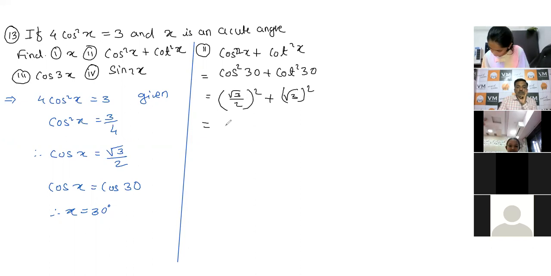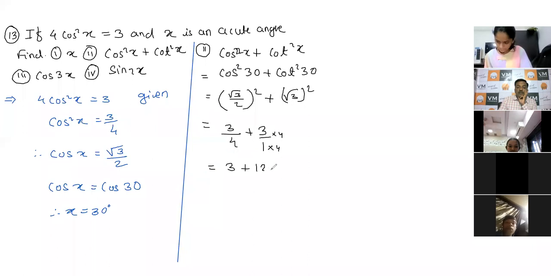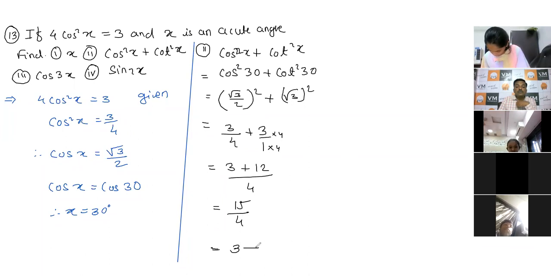So root 3 by 2 squared is 3 by 4 and this is 3. We have to do the LCM, multiplying 3 by 4. 3 plus 12 upon 4 becomes 15 divided by 4. Or you can convert it to a mixed fraction also: 3 and 3 upon 4.